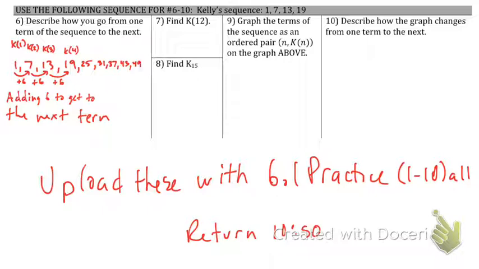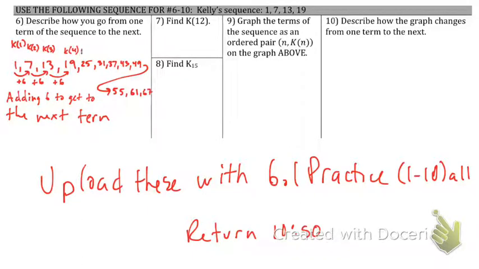Let's continue the sequence here. 49 plus 6 is 55. 55 plus 6, 61. 61 plus 6 is 67. So let's see what we have.